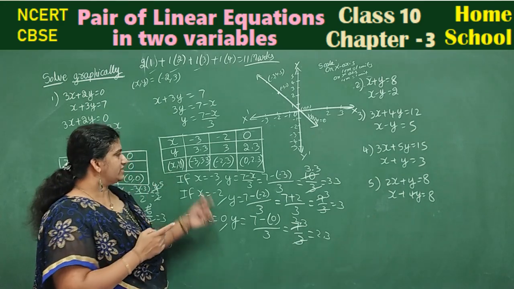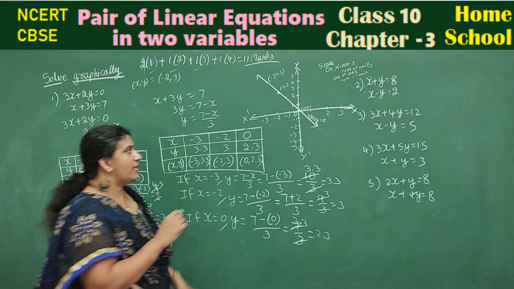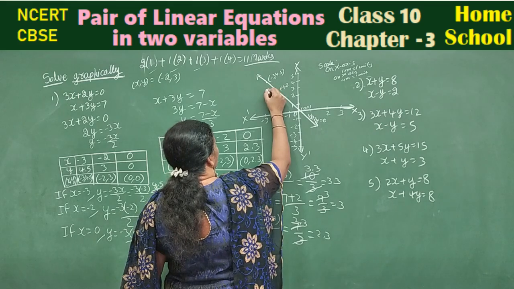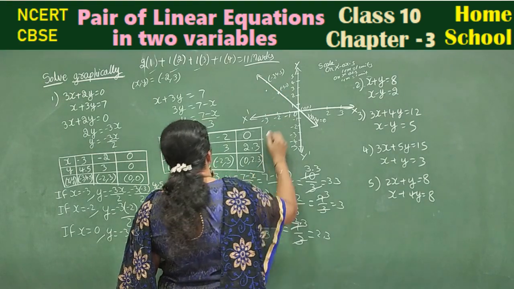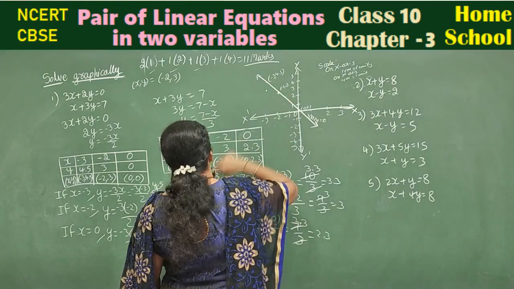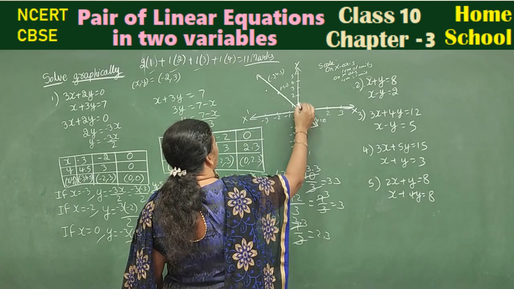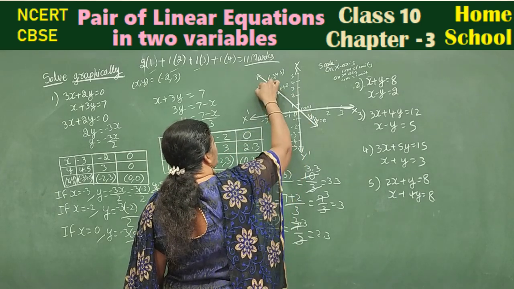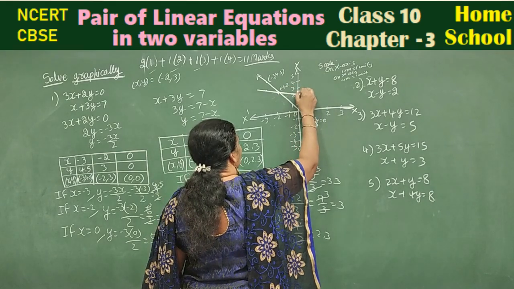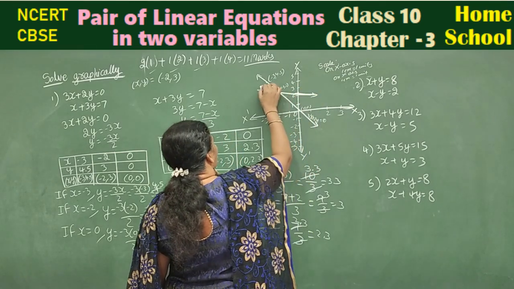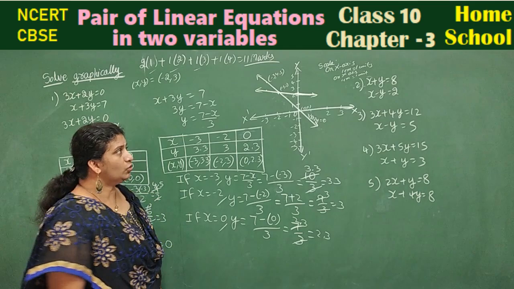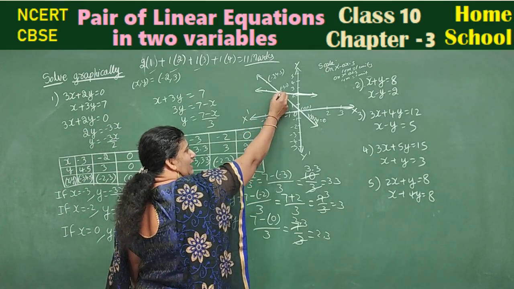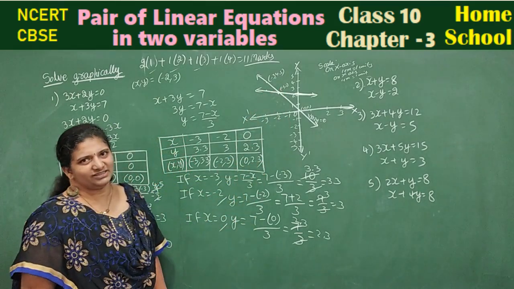One more equation. See the table coordinates: -3, 3.3 somewhere here. -2, 3. And 0, 2.3. So your line will be like this. So the two lines are intersecting at -2, 3.